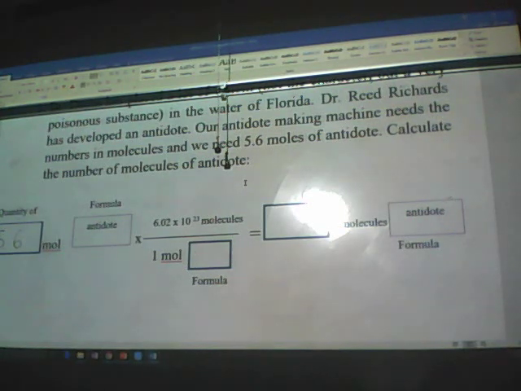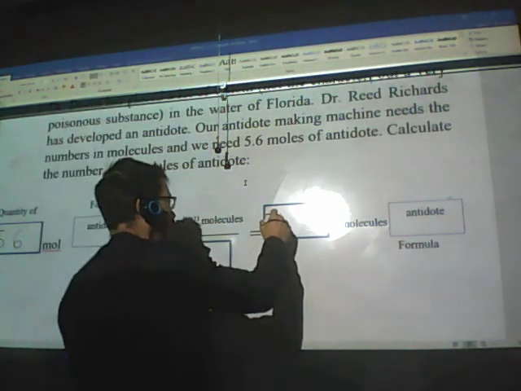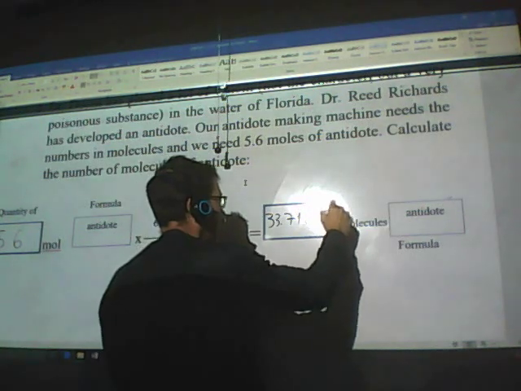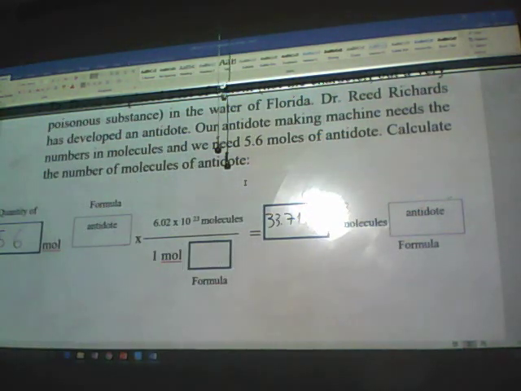Moles to molecules. Five point six gives 33.712 by 10 to the power of 23. Okay, it's easy. Next one.